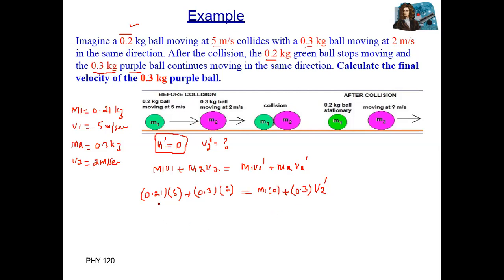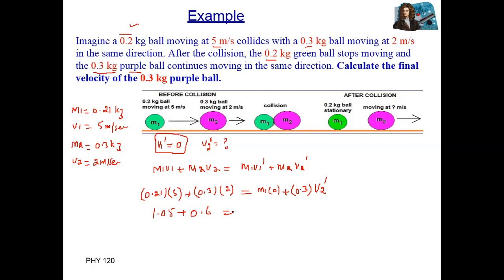So if you multiply these, 0.2 multiplied with 5 and 0.3 with 2: 0.2 multiplied with 5 is equal to 1, and 0.3 multiplied with 2 is equal to 0.6.